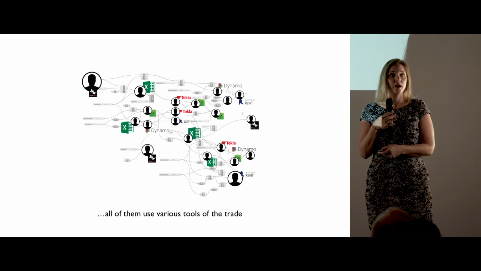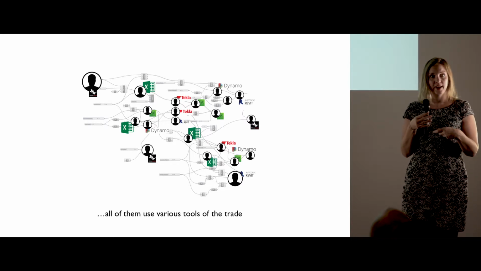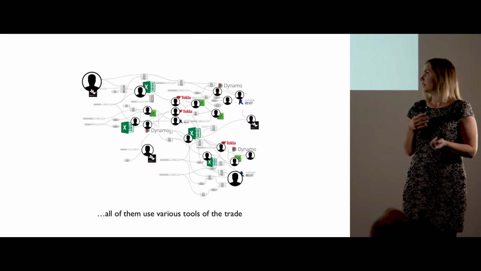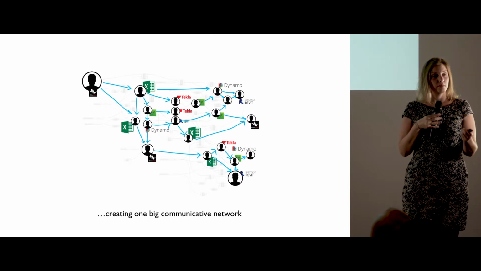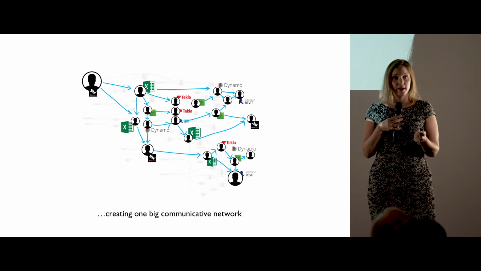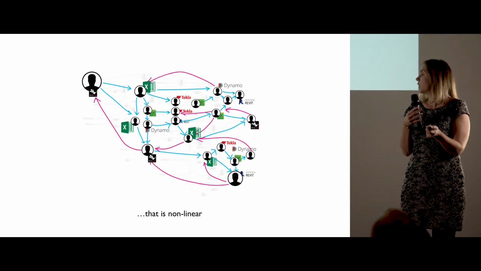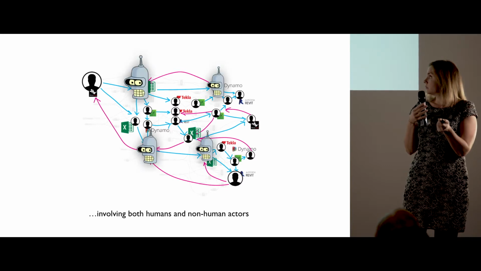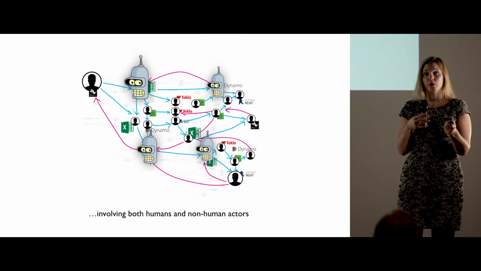So it could be Grasshopper, could be Excel, inputting information in many, many different ways in the models that we are sharing. And at the same time, they're communicating in many multivariable ways, and they're using not only human actors, but also non-human actors, because we have software sometimes doing the work for us.